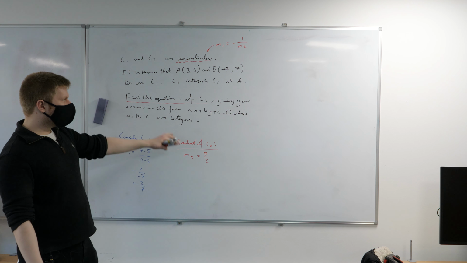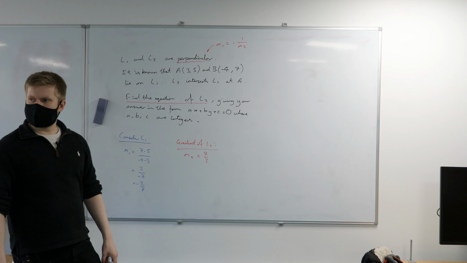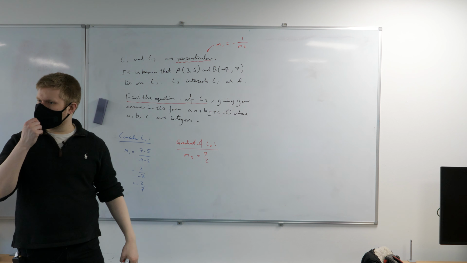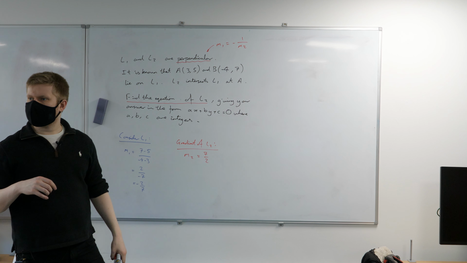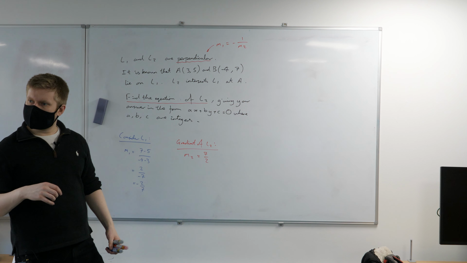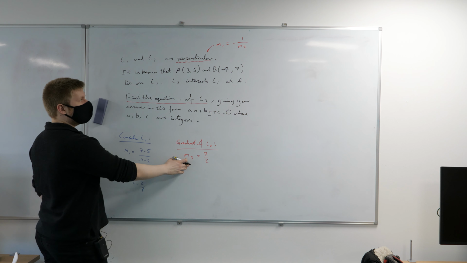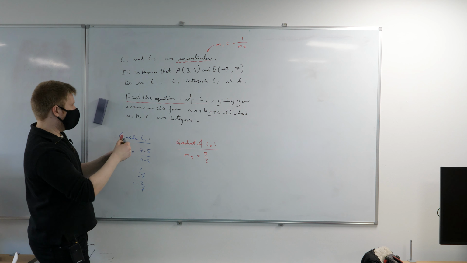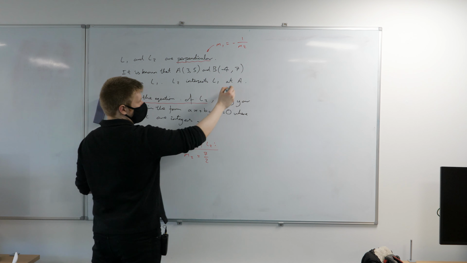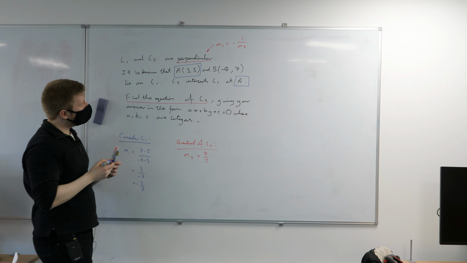Now, we've got the gradient, what else do we need? To find the equation of line 2, what do we need to do now? Is it this formula? Yeah, y minus y1. Exactly, now we've got the gradient, we've got a point that we know lies on the line because we know it intersects at A, in other words we're going to be using this point here, okay?